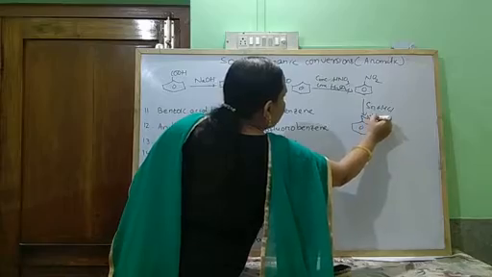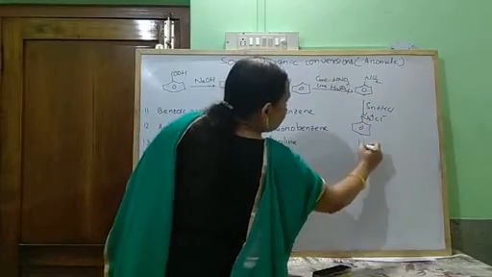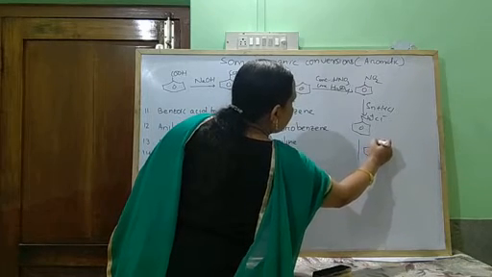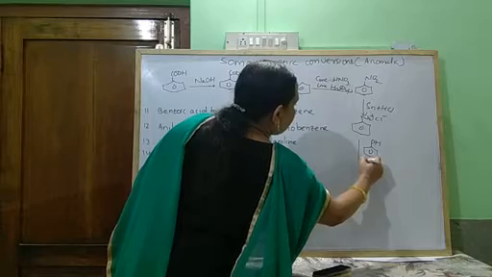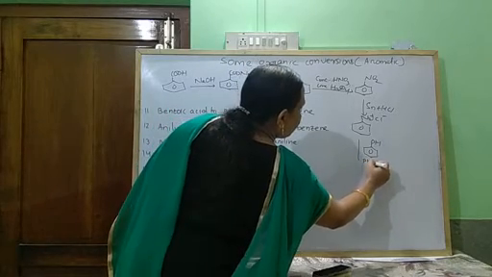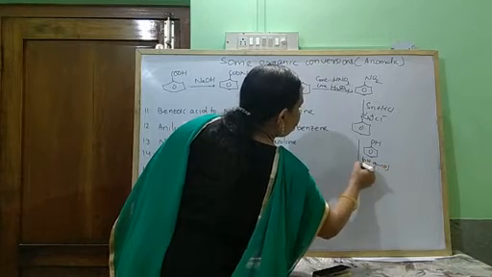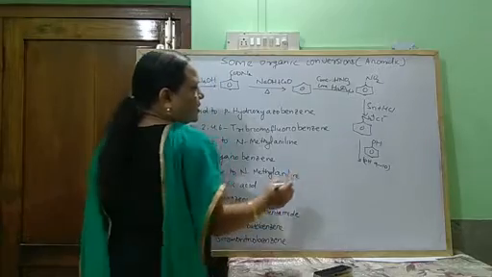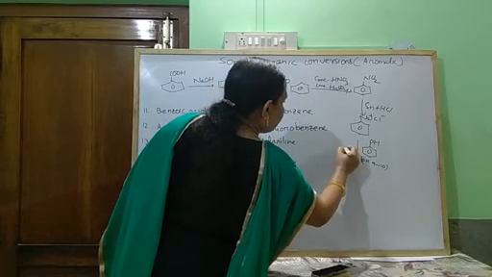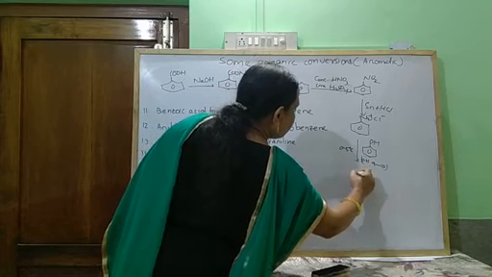benzene diazonium chloride, and this benzene diazonium chloride is treated with phenol at low temperature, in alkaline medium, that is pH 9 to 10, and temperature is also maintained low, that is 0 to 5 degrees Celsius.